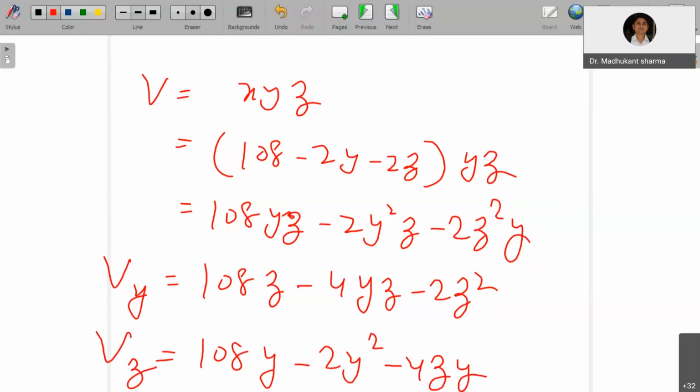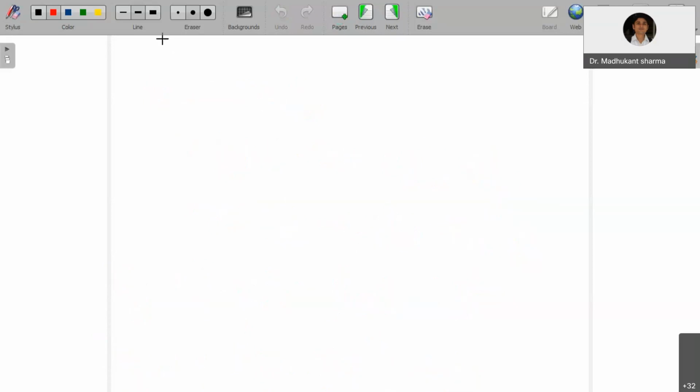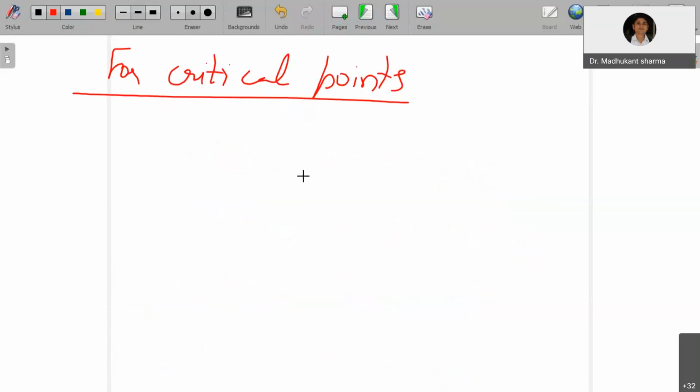Okay, now for critical points, what you can find out is all the possible (y, z) pairs such that Vy equals 0 and Vz equals 0. So this implies you have two equations in two unknowns, right?